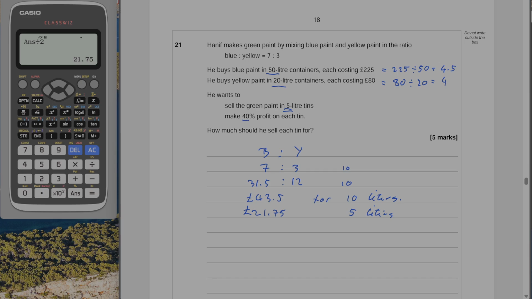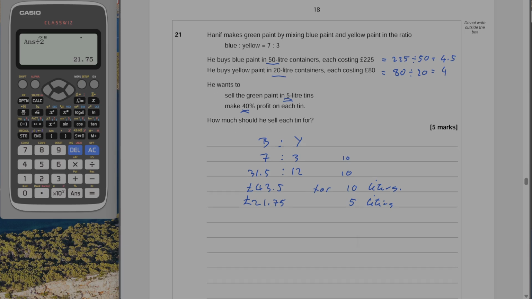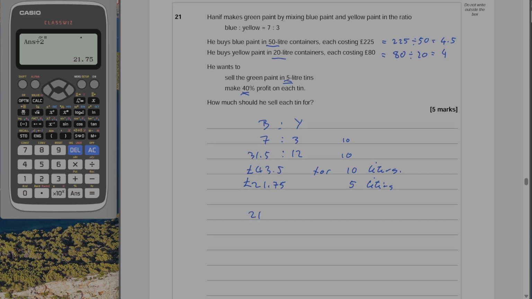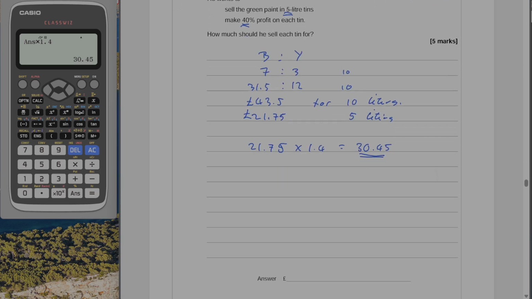If he wants to make a 40% profit on each tin, we need to do £21.75 times 1.4, which is giving us a total of £30.45. Right, 40% profit.